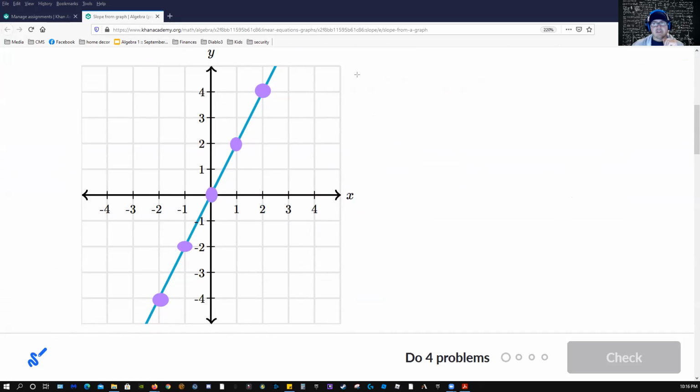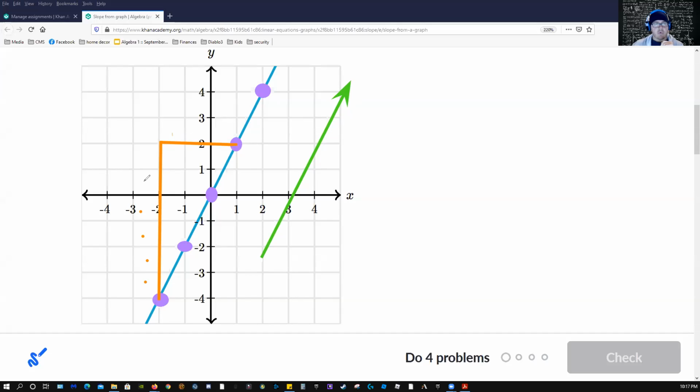Then I'm going to notice this is a positive slope, because it's going up and to the right. So what I really need to do is draw a triangle. It goes up and over. Because I did a big triangle, I might need to simplify the end, but that's all right.